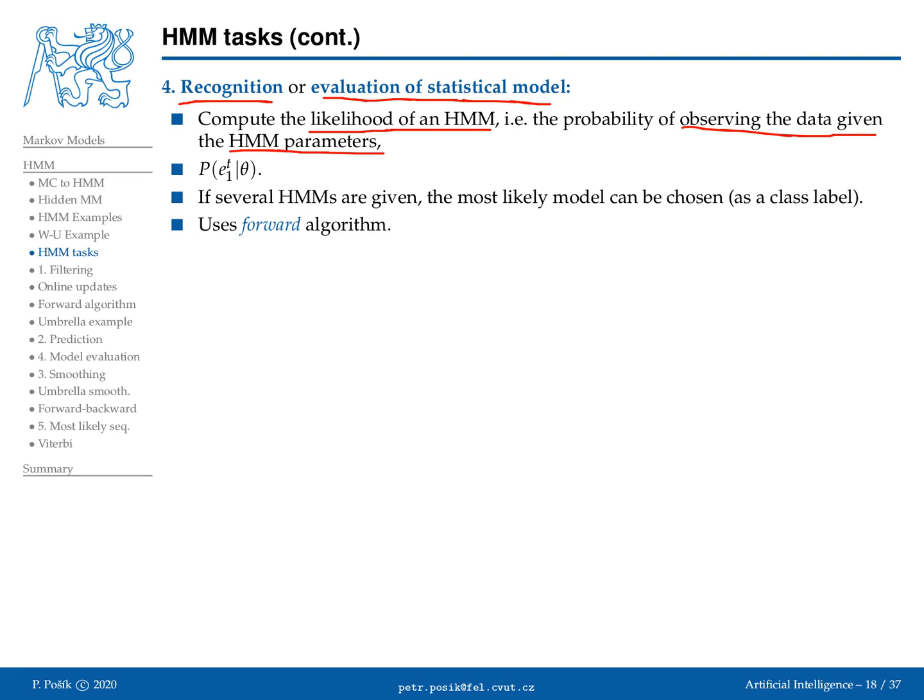So you may have different models for different words, so you can judge which word was the one that basically was used to produce the sound of the word. And we will see that the forward algorithm that is used for filtering, that was the first task, can actually be used also for this task. So no new algorithm here.